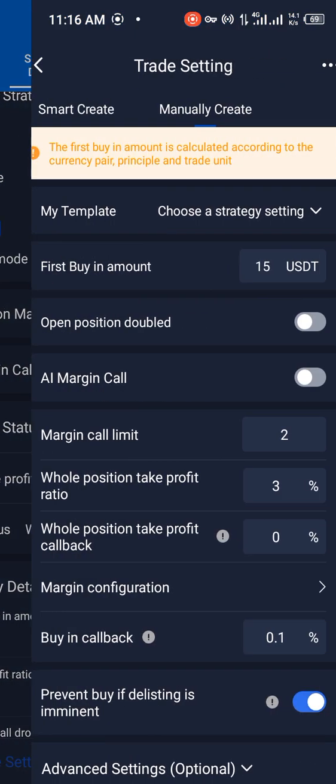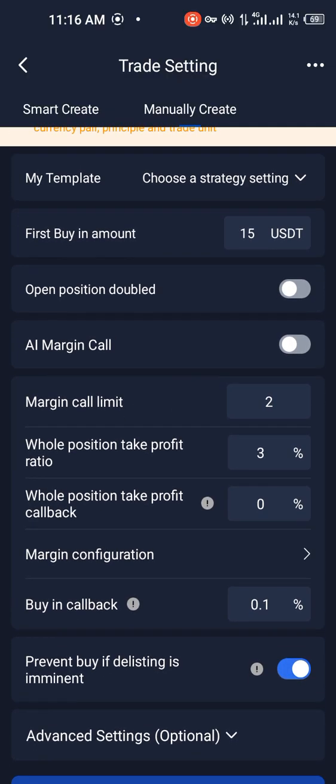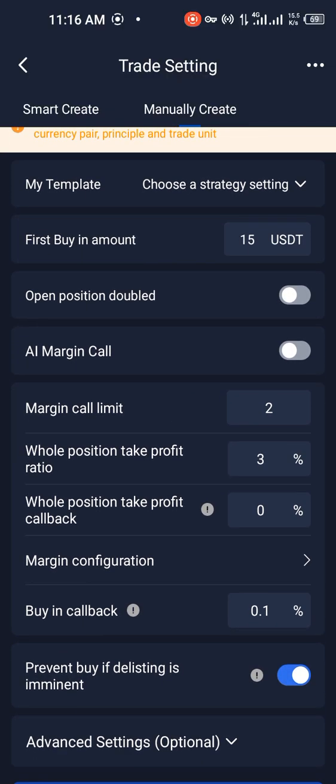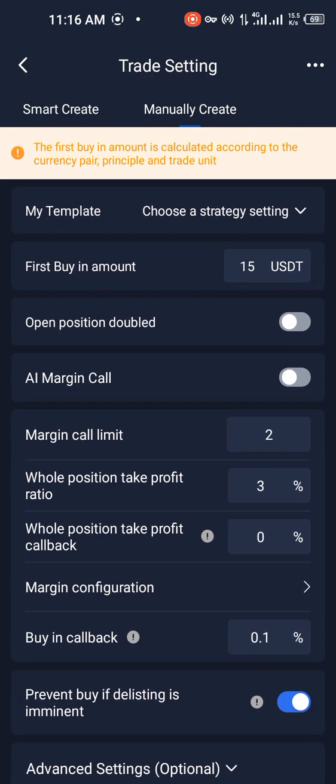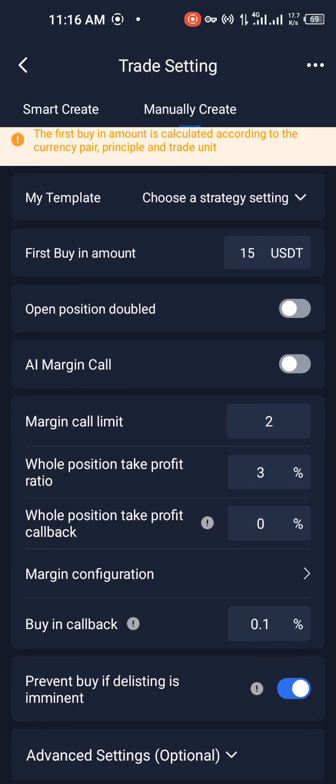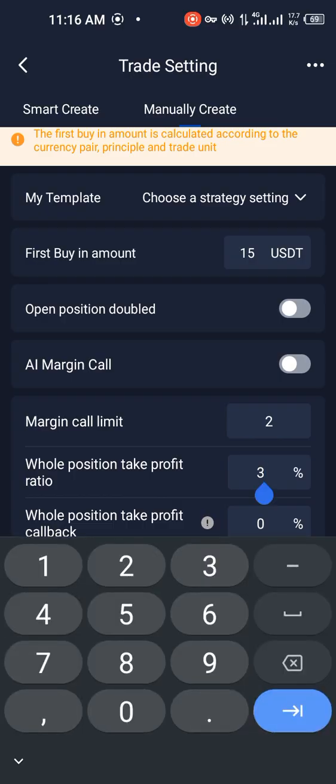Click your trade setting, and then you come to the hold position take profit. Instead of take profit being 3%, you can reduce it to 1%.